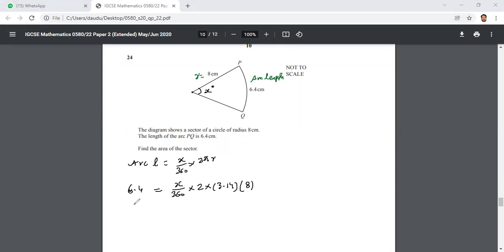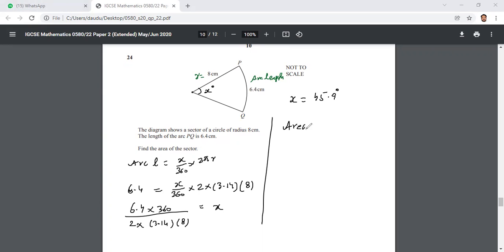So here, if you want to do one more step, 6.4 multiplied by 360 over 2 multiplied by 3.14 multiplied by 8 equals x. So we have x what? This is question number 24. After solving in the calculator, you will get 45.9 degrees.